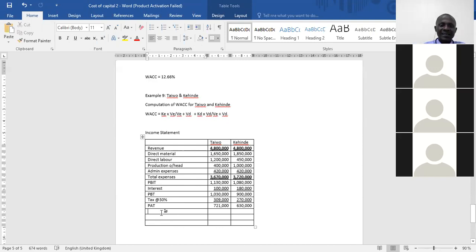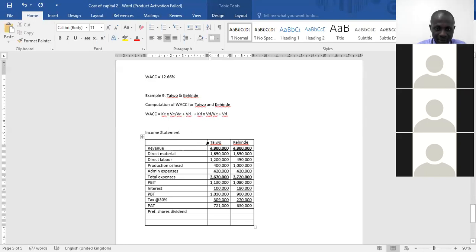So in addition to tax, I need to deduct preference share dividend. It's only Taiwo that is having preference shares.